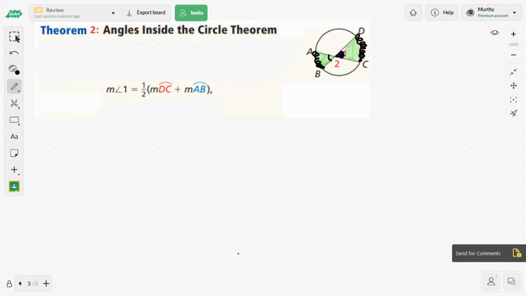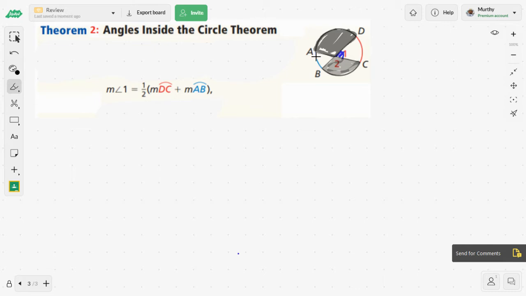Suppose you are asked to compute the measure of angle 2. Then we have to think differently. Here is angle 2, therefore this is the associated arc, and even the other side, so we have to consider these arcs.